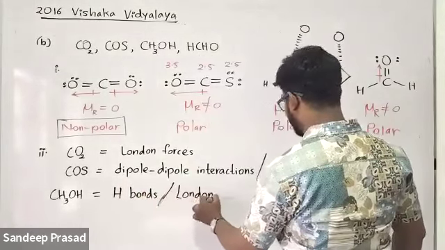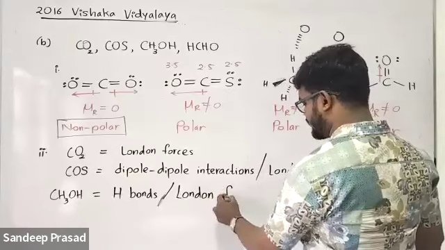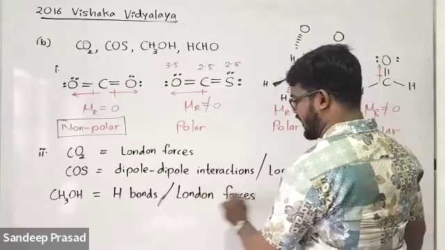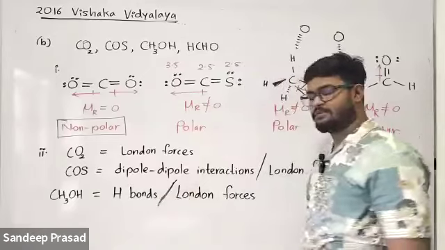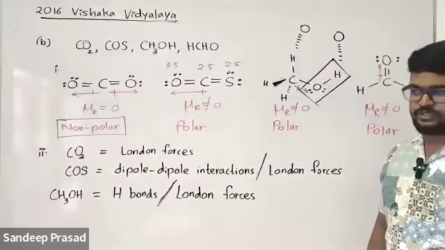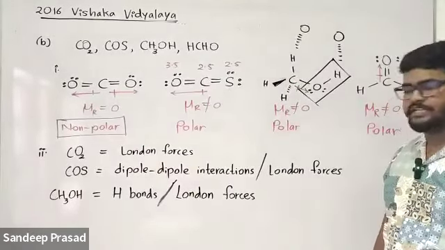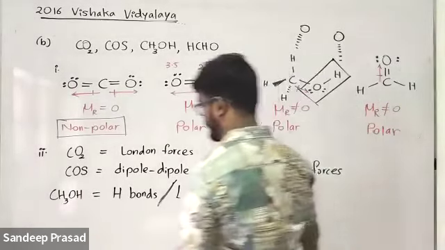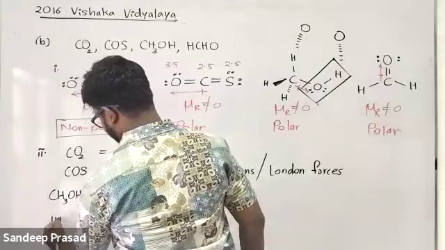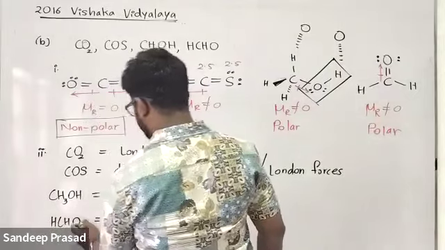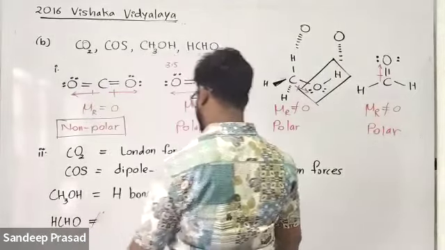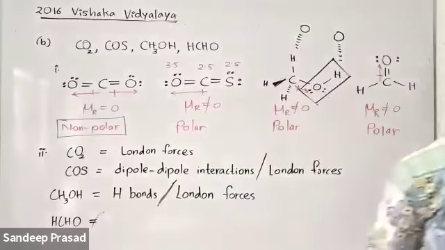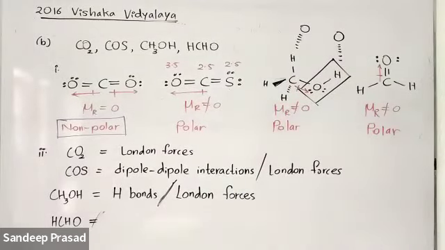So don't we mention dipole-dipole interactions here? No need, students. Why? Hydrogen bonding is one of the types of dipole-dipole interactions. So therefore, no need to mention that one. Hydrogen bonds are enough. In addition to that, we can put London forces. What about the next one? Methanal. Methanal is not forming a hydrogen bond because OH, NH, FH bonds are not there. Only a carbonyl group is there.